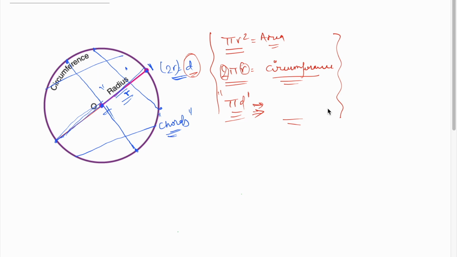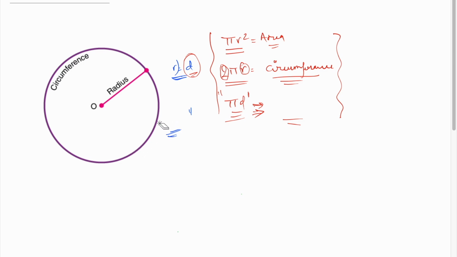I think that's it. We have learned a few important concepts, and another concept that you should know is the angles. I'll just explain the basic angles of the circle.